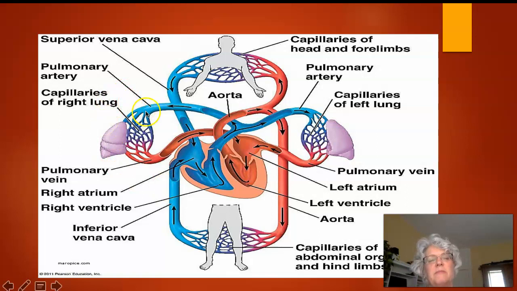In this diagram, this is oxygenated blood now, so it's red, going back into the left side of the heart, entering the left atrium through the mitral valve into the left ventricle and out through the aortic valve into the aorta and out into the body systems. So that is the blood flow.